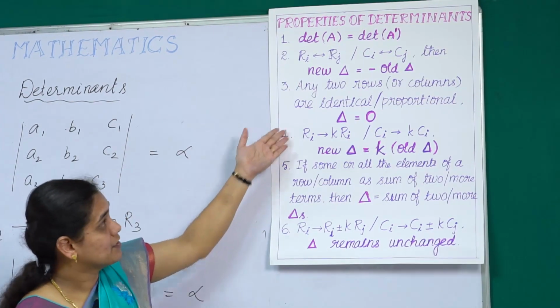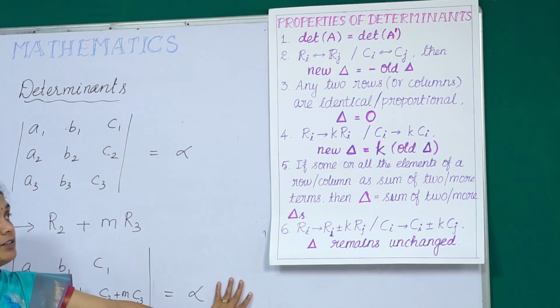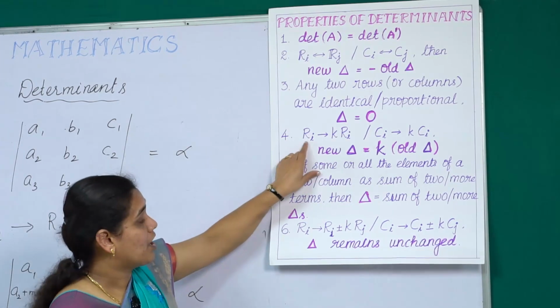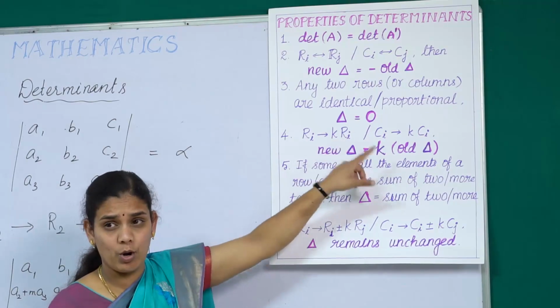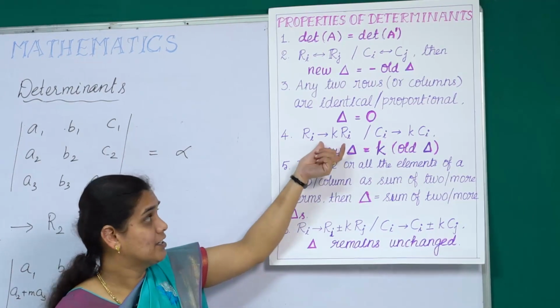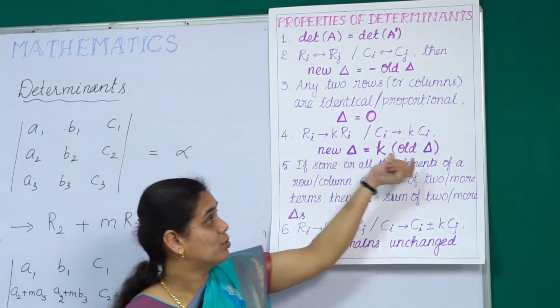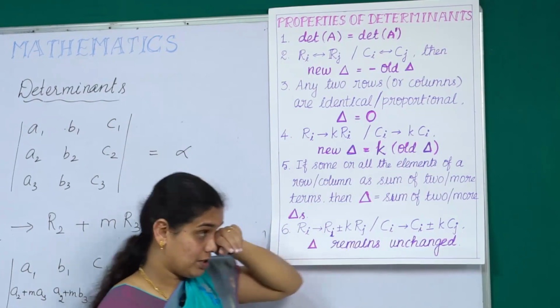The third one is if any 2 rows or columns are identical or proportional, then the value of the determinant is 0. The fourth one is multiplying any row or column by a non-zero scalar k, then the new determinant will be k times the old determinant.